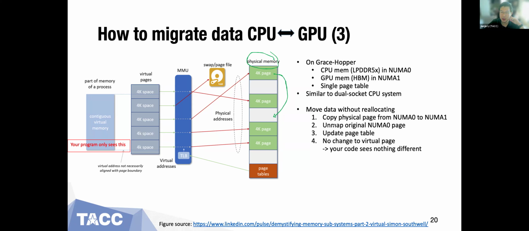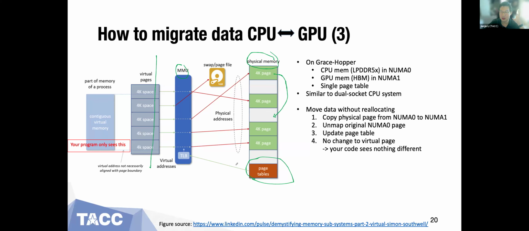And after you move, you have to unmap the original NUMA 0 page, then update the page table so that the memory management unit knows how to translate the virtual memory space to the physical memory space. And all of this process is completely agnostic to the virtual page. So no change to the virtual memory address here at all.